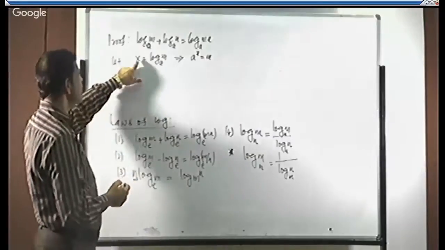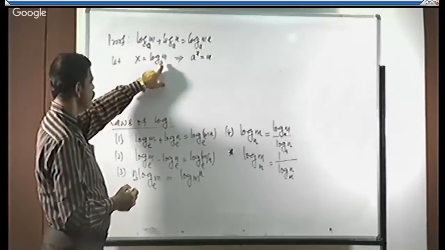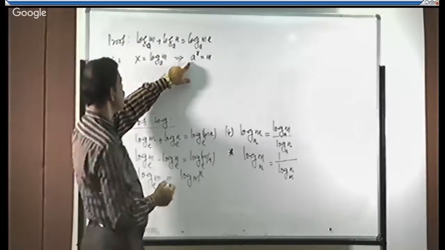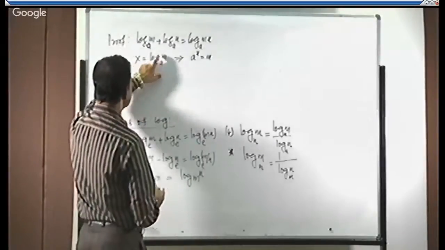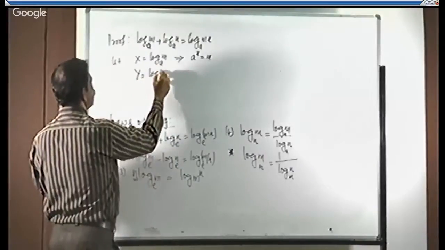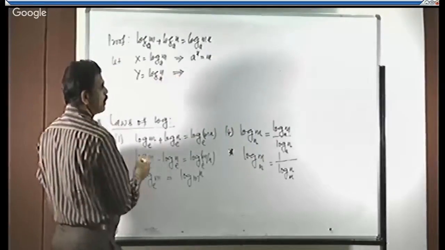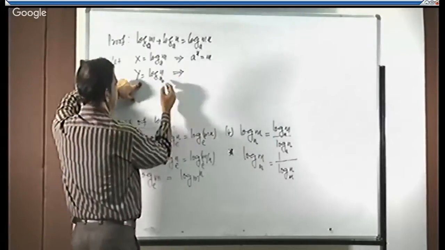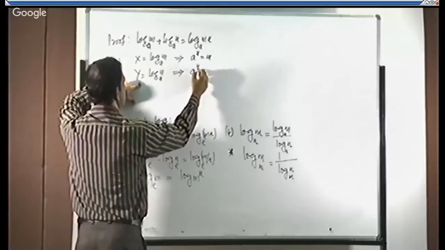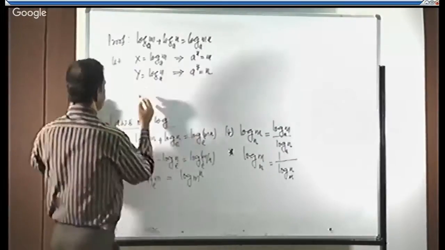According to the definition of log, x is equal to log m to the base a, which will be considered as a to the power of x is equal to m. Let y be equal to log n, having base a, so according to the definition of log, a to the power of y is equal to n.